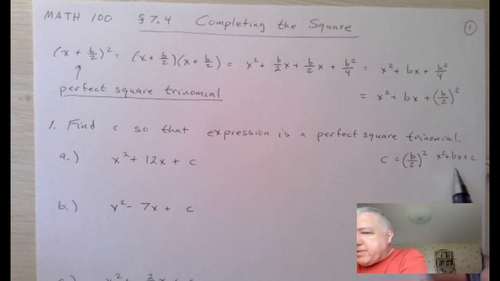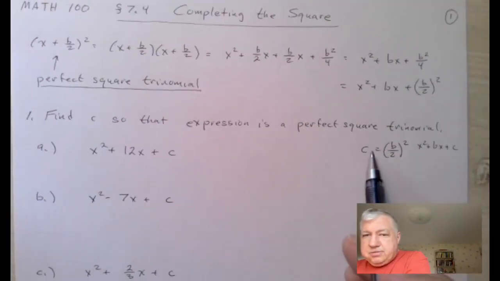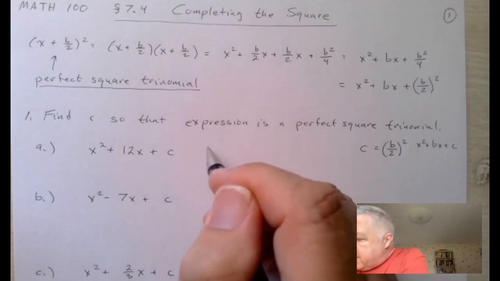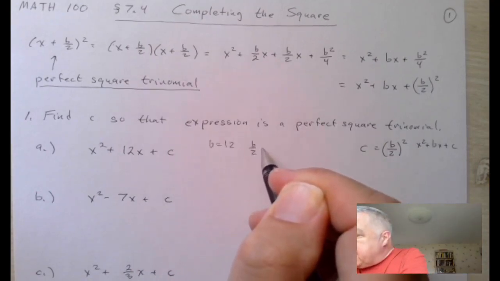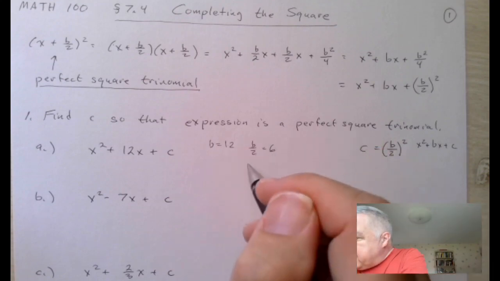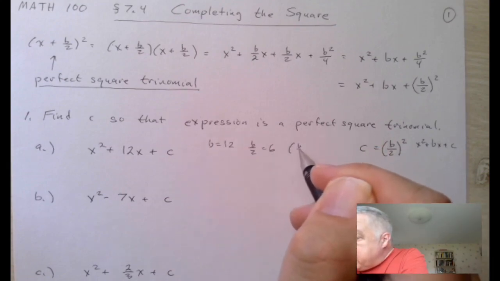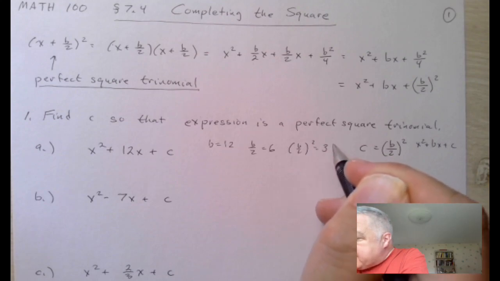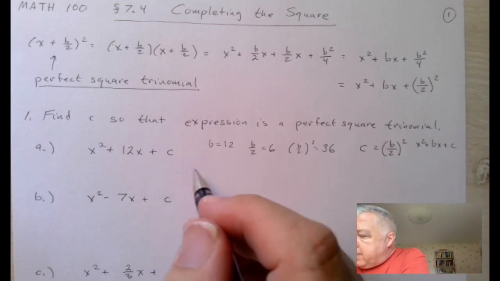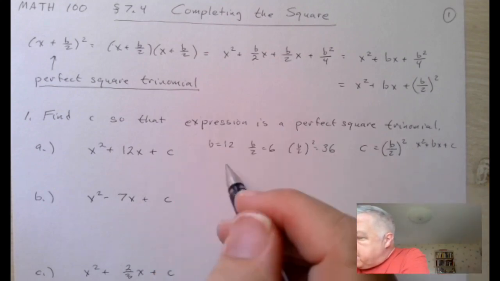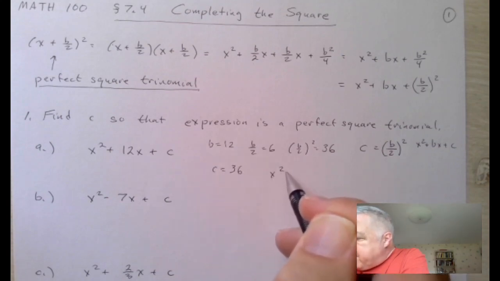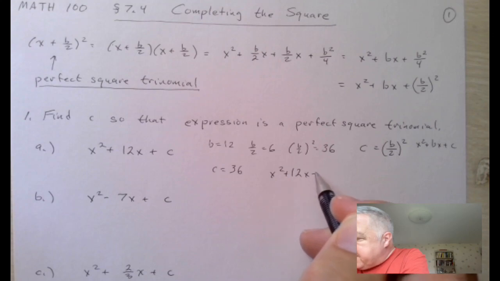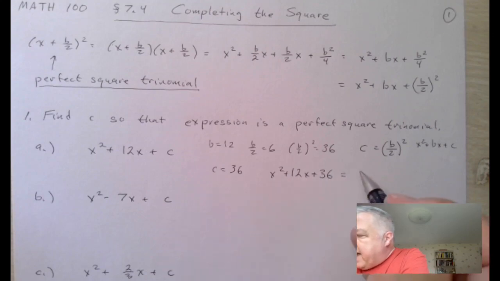This will be a perfect square as long as c is this number. In this case, b is 12, so b over 2 is 6, and b over 2 squared is 36. So c is going to be 36, and we can check that x squared plus 12x plus 36 is in fact x plus 6 squared.